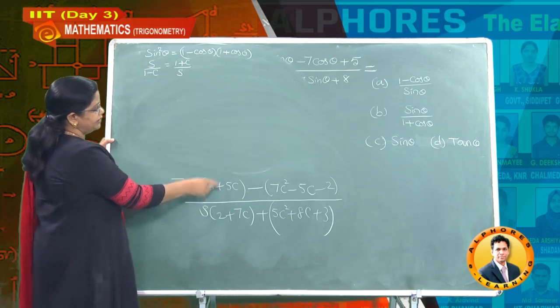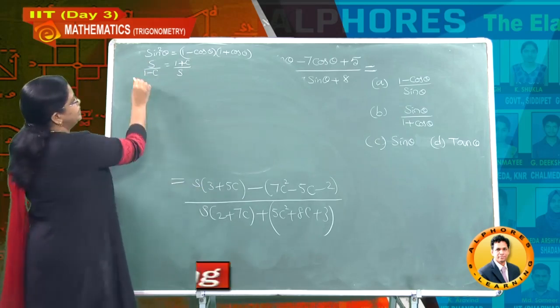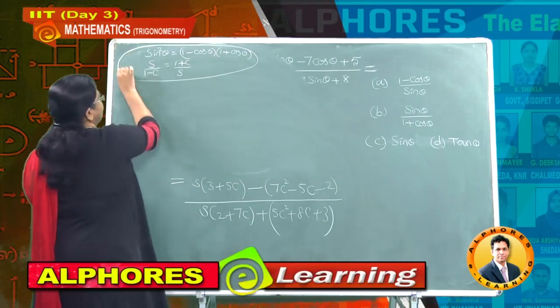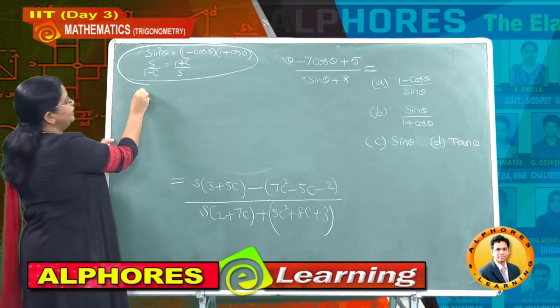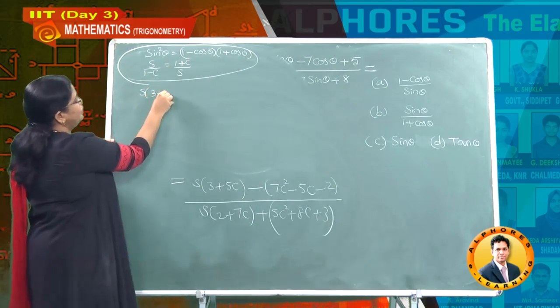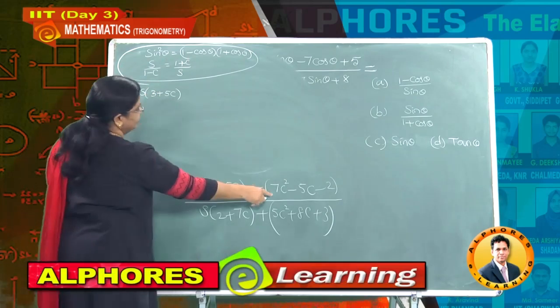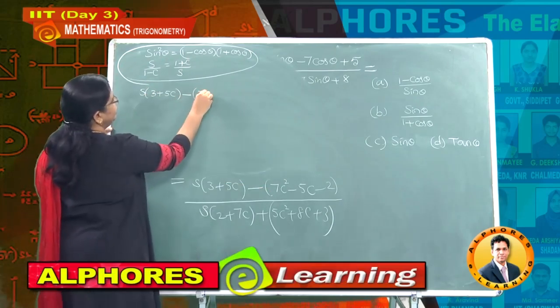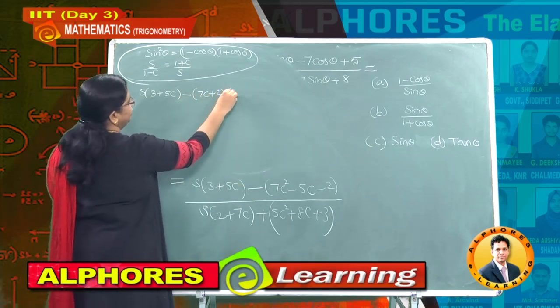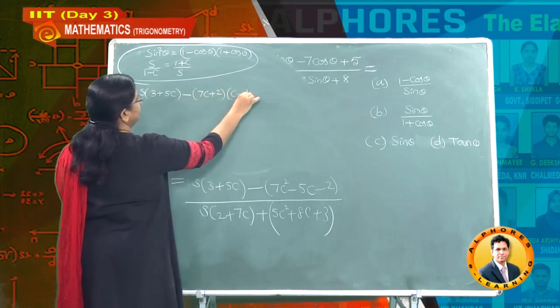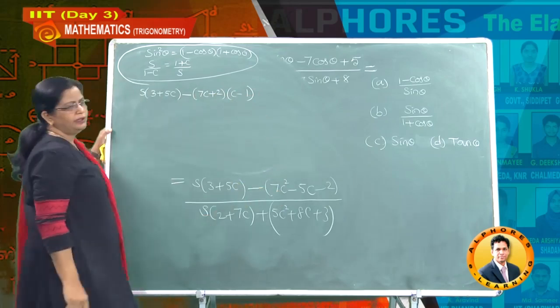Now I am continuing this step. Sin into 3 plus 5 cos. After that, if you take factors of this one, then minus 7 cos plus 2 into cos minus 1. Quadratic factors I have taken here.